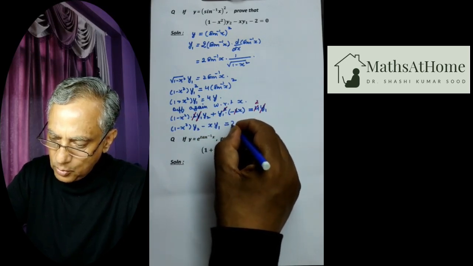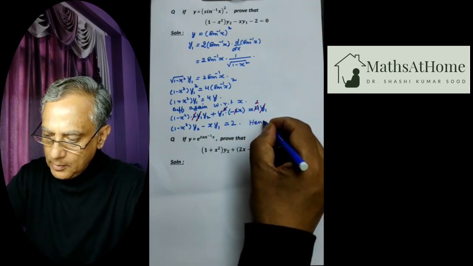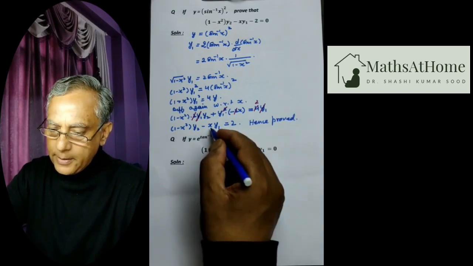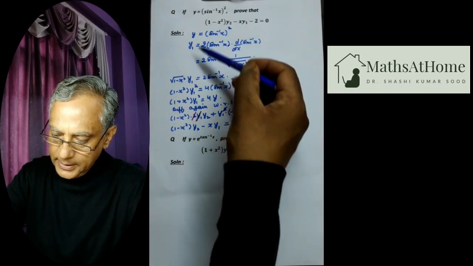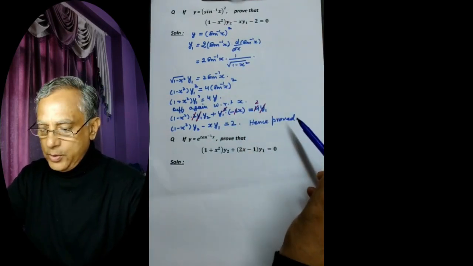This must be equal to 2. Hence proved. This 2 can be taken to the other side. Hence proved.